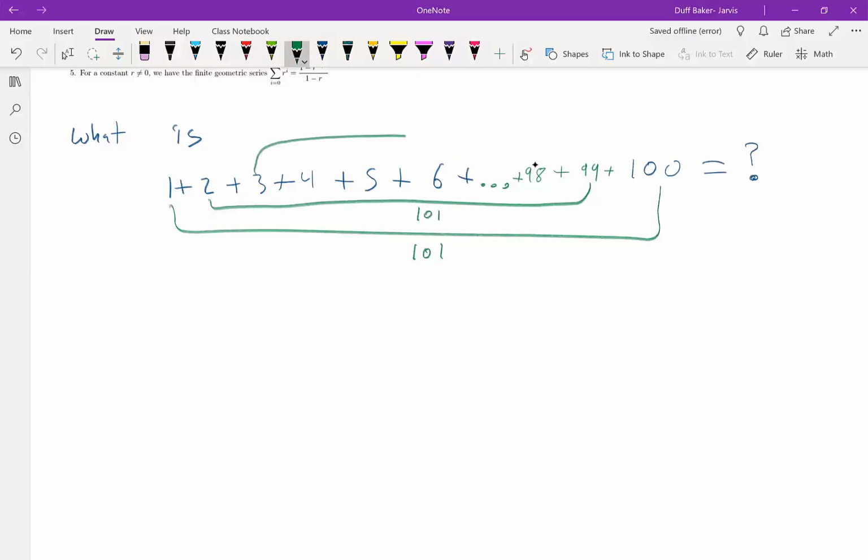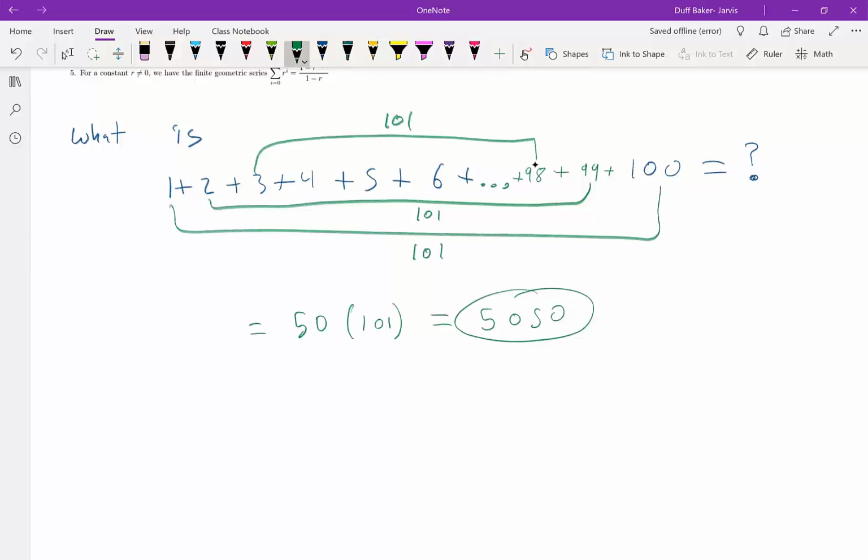If I go in again, that'll be again 101, right? So how many pairs like this are there? Well, I'm pairing things up. There are 100 numbers in total, so there'll be 50 pairs. So the answer should be 50 times 101, since each sum is 101. And so that's 5,050.